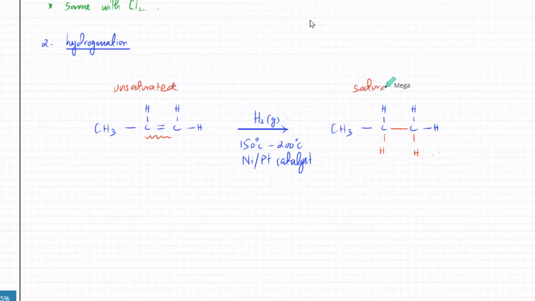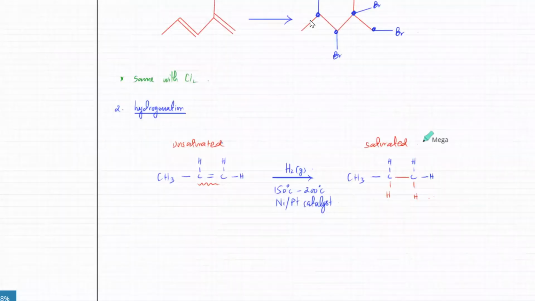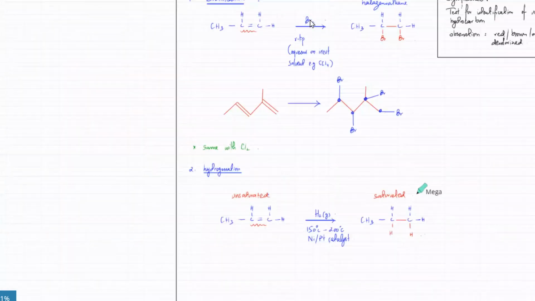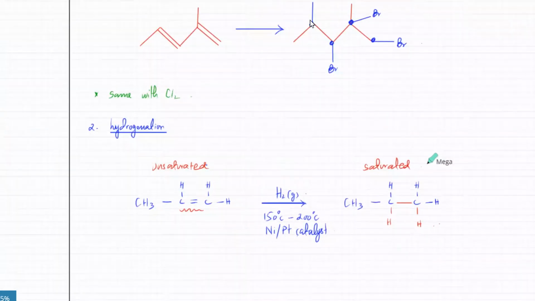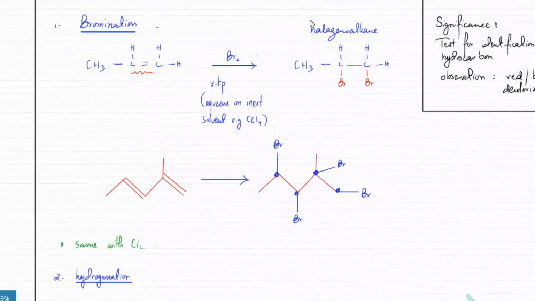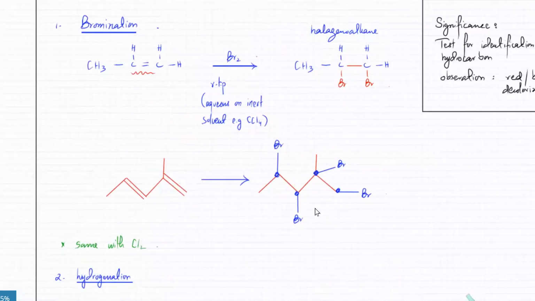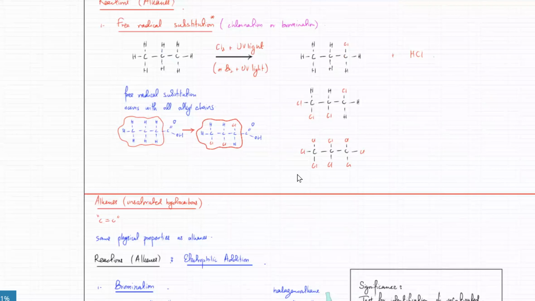Sir, for the one above, how is it different to the bromination with an alkane? Like, how is it a test for alkenes if alkanes do the same thing as well? The difference is the alkanes do that with UV light.